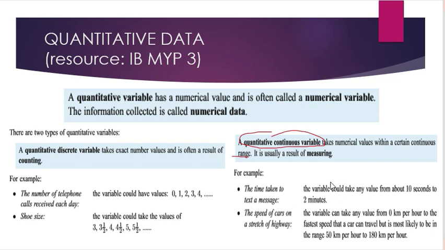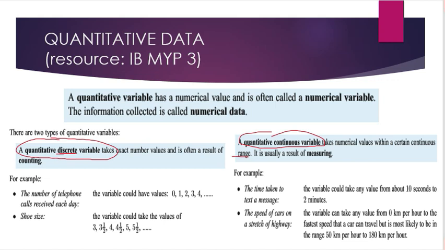The time taken every time we send a message to any person changes, but there is a range that it varies within, say between 10 seconds and 2 minutes. Another example is the speed of cars on a stretch of highway. We couldn't say that it's stable at a certain point, but it changes within a range. Again, a quantitative continuous variable has a range stated, while a quantitative discrete variable has specific data.